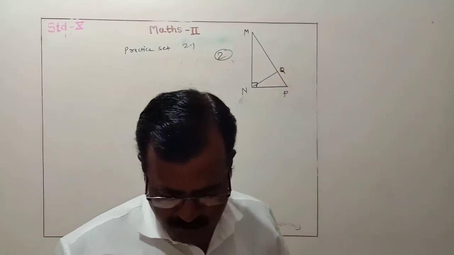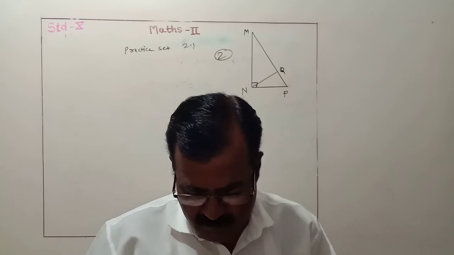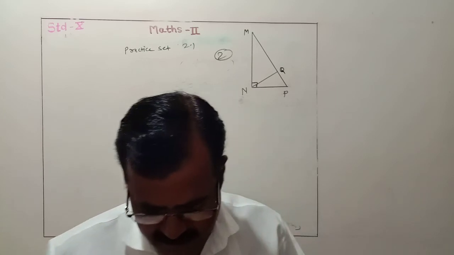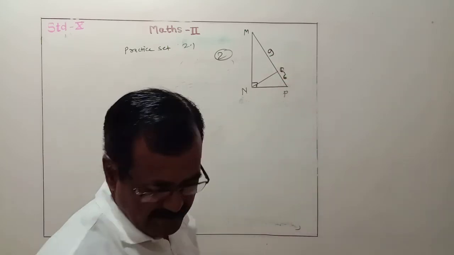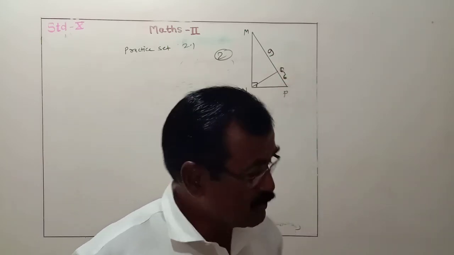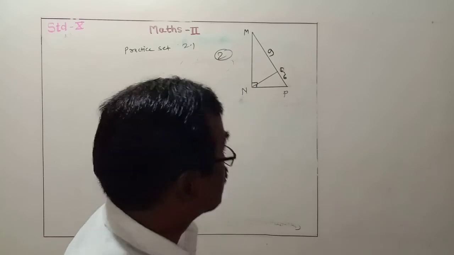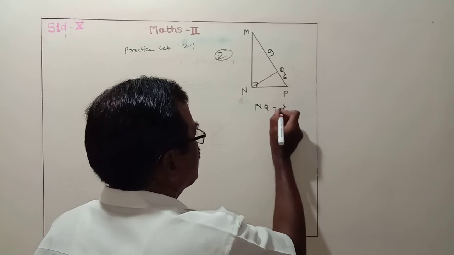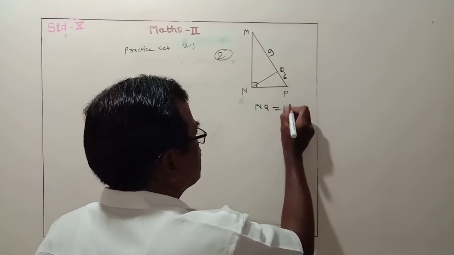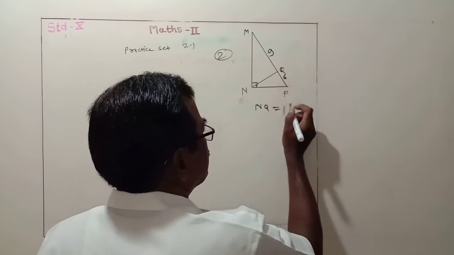The value of MQ is given as 9, QP is 6, and we have to find the value of NQ.